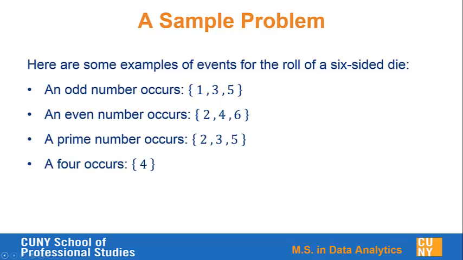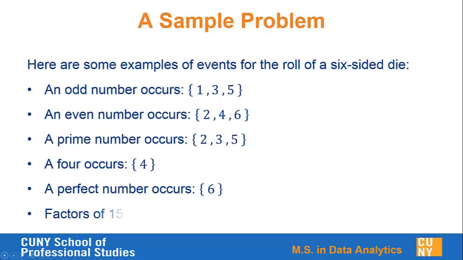We could, as we said before, have an event where just a single outcome is included, so a 4 occurs would be an event. We can also have single outcomes that arise as a result of a definition. So a perfect number, which is the sum of its factors. If we say a perfect number occurs, the only perfect number in 1 through 6 is 6. So that limits us to this last possible outcome 6.